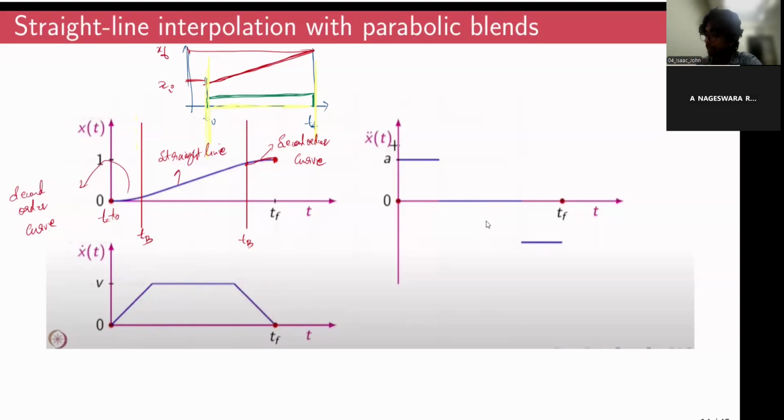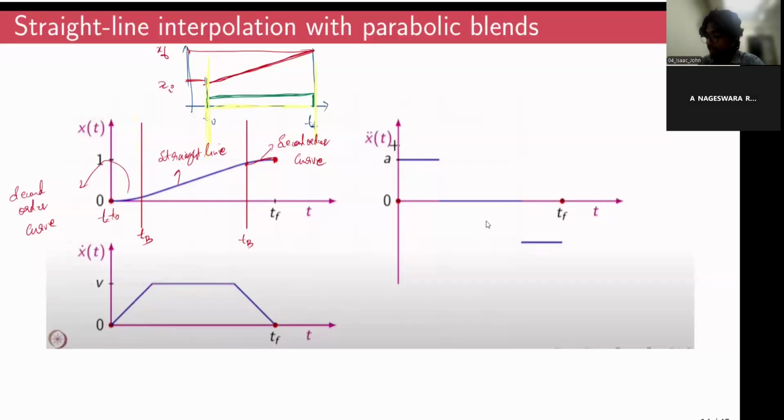And in a similar manner, instead of infinite accelerations at the beginning and at the end, you will have a constant acceleration at the beginning. Then it will drop down to zero, and then during the final blending, it will again have a negative acceleration, and it will drop. So this period was identical to the case where we considered a throughout straight line trajectory.